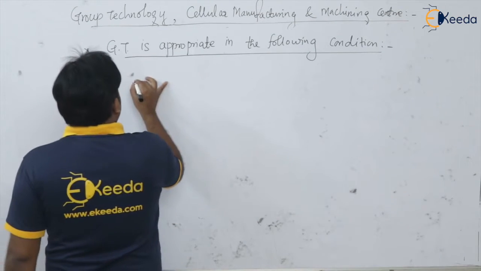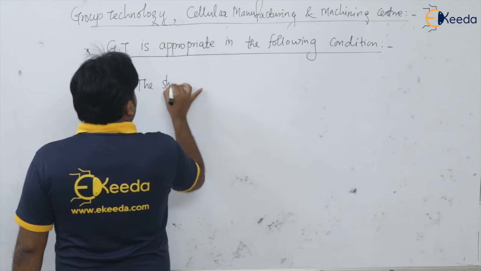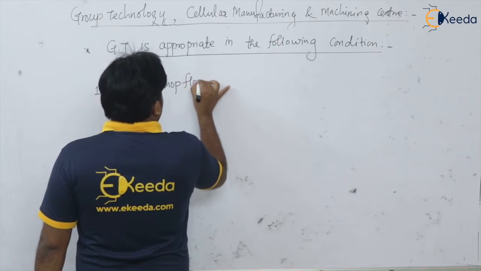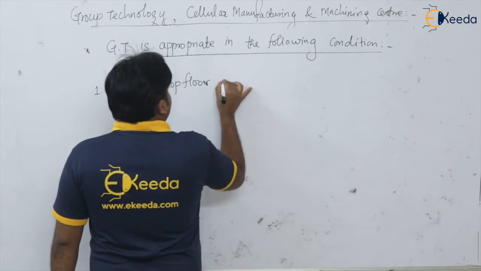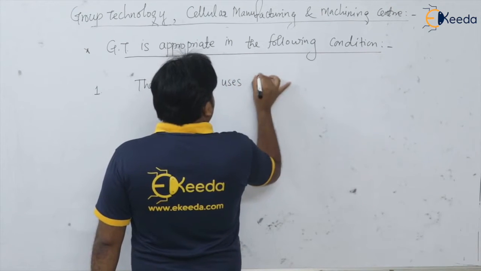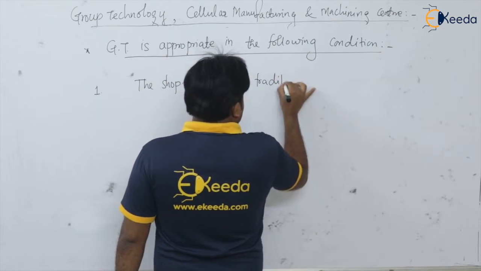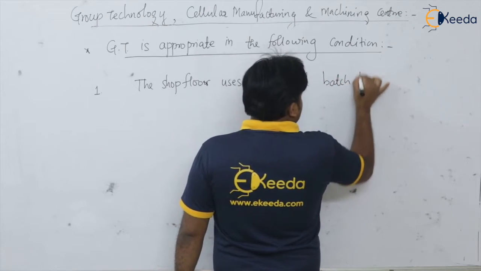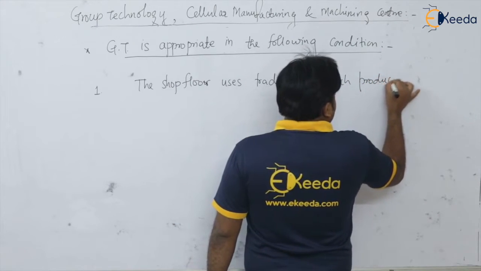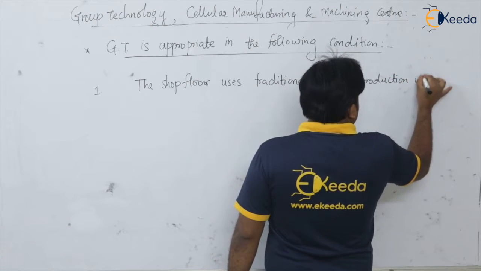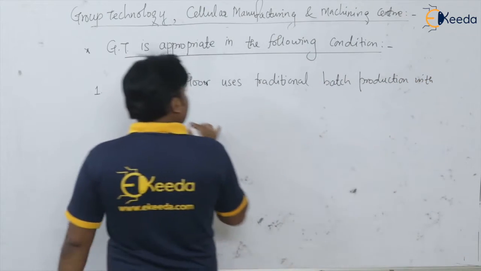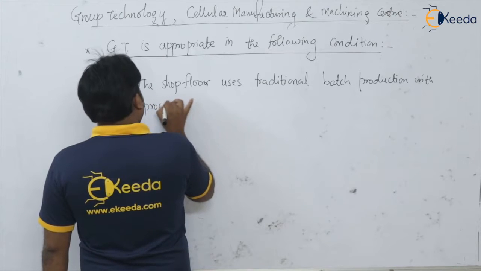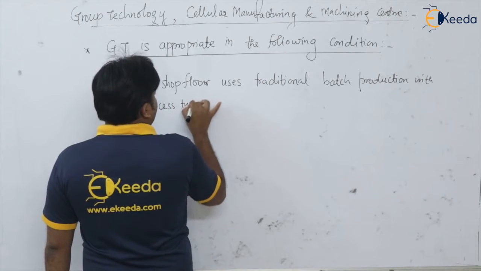Okay, the shop floor uses traditional batch production, here on the shop floor with the process type layout.